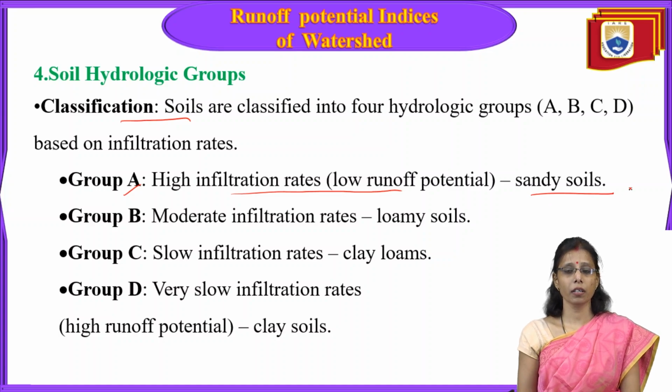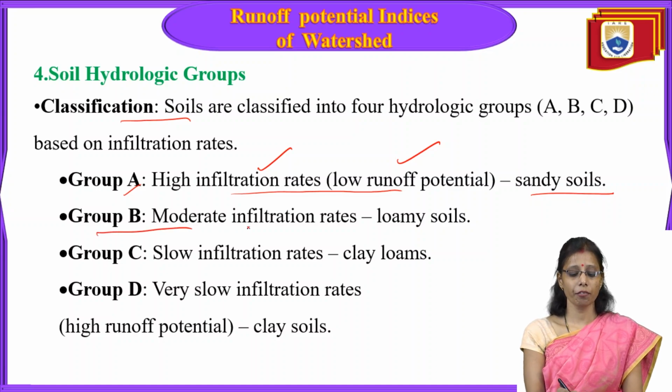Wherever you see group A soil, it has low runoff potential and high infiltration, meaning the water holding capacity of these soils is more. Sandy soil has more water holding capacity, whereas clay soil has less holding capacity.